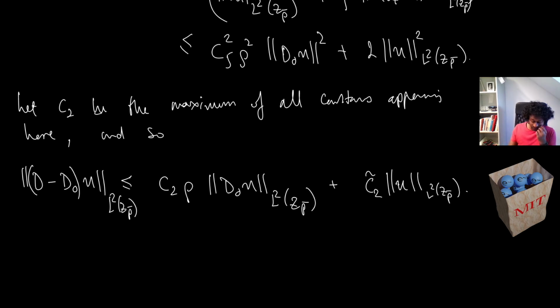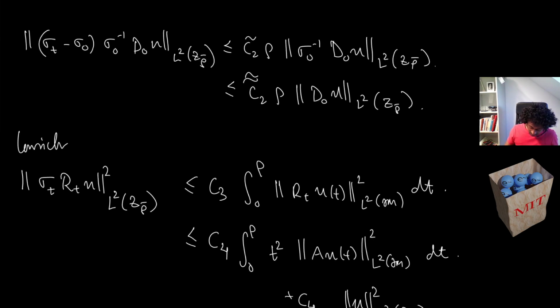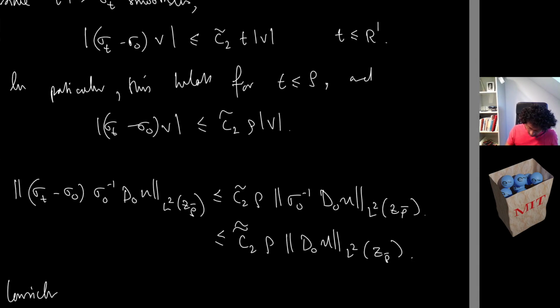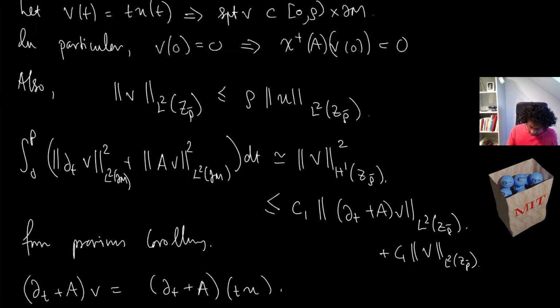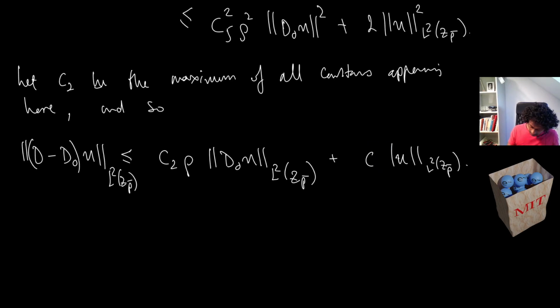Okay, so that's what we end up with. C2 and C2 tilde. That's not so good. So, C7. The main point is that here, what's really important is the C2 here, right? That's really the main important thing, that it takes a form like this.